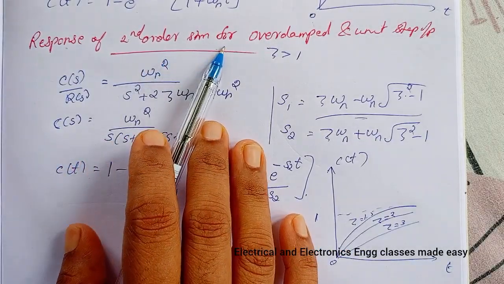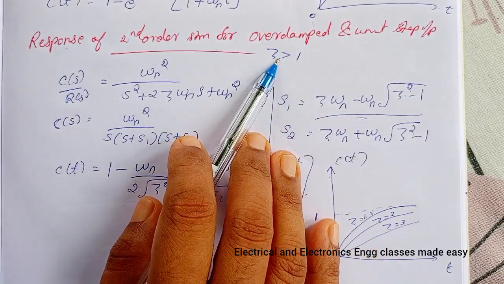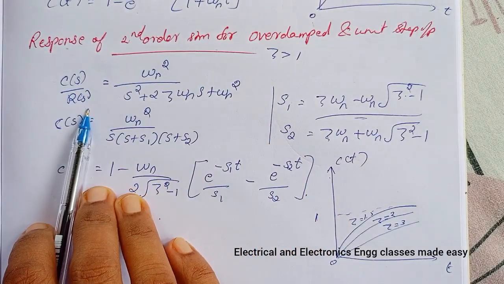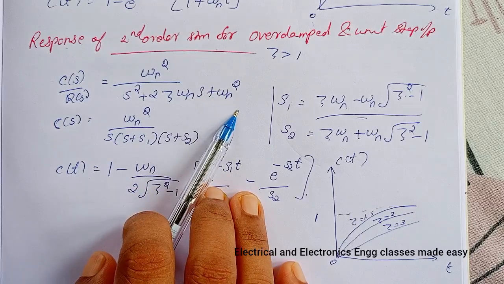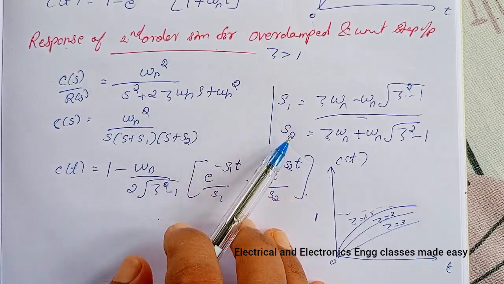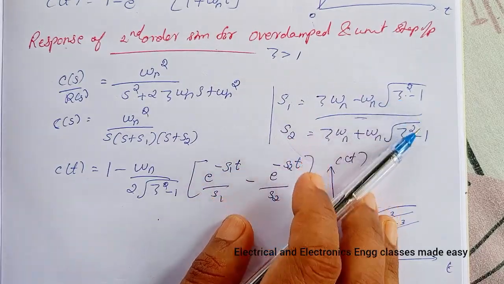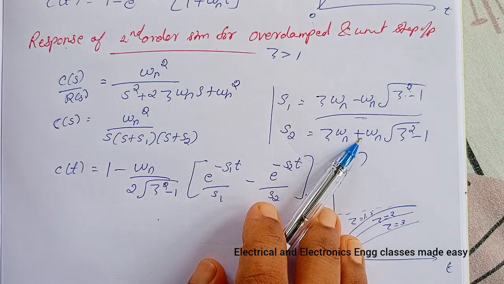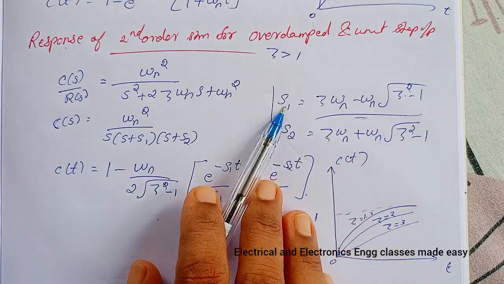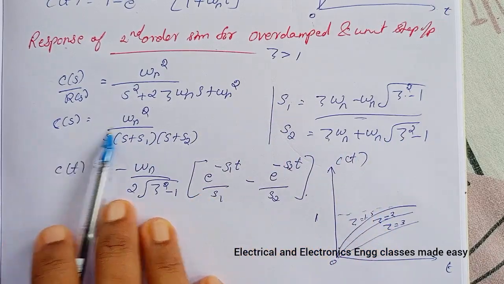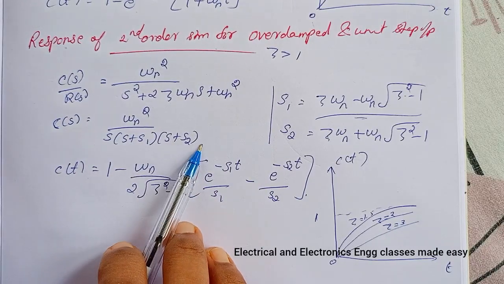Next is the response of second order system for overdamped and unit step input. Overdamped means the value of zeta is greater than 1, and we get C of s divided by R of s equal to omega n square divided by s square plus 2 zeta omega n s plus omega n square. Putting s1 and s2 equal to zeta omega n minus omega n into root of zeta square minus 1 and zeta omega n plus omega n into root of zeta square minus 1 respectively, we get C of s equal to omega n square divided by s into s plus s1 into s plus s2.